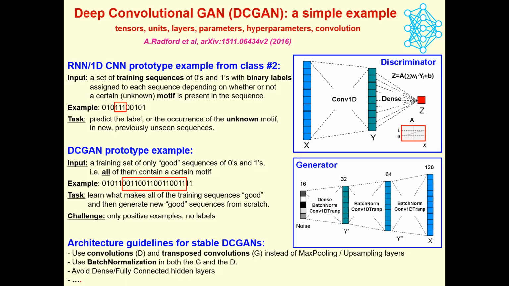Any questions so far? There's a question in the chat. Okay. How is this considered unsupervised learning if you still need training examples to use for the discriminator? There are training examples, but they include only sequences, not labels.